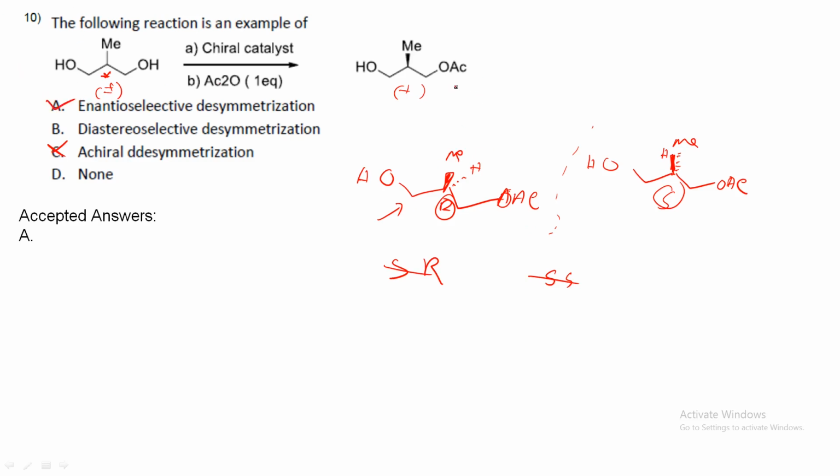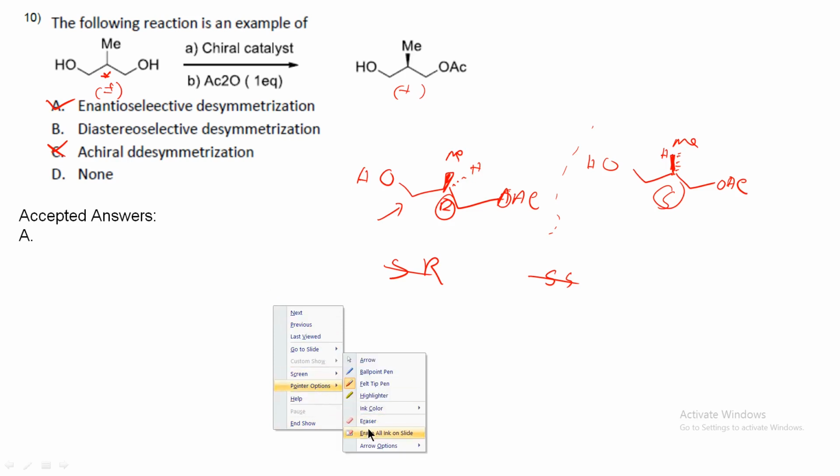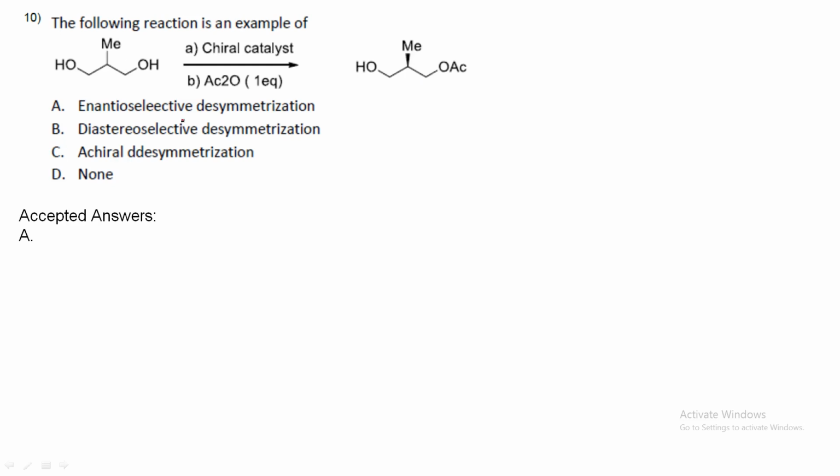So here also let me try something. Let's say we have a chiral molecule, compared to the previous problem. Let's say we have this particular chiral molecule, and let's say it is plus. Then we are doing acetic anhydride treatment, one equivalent.